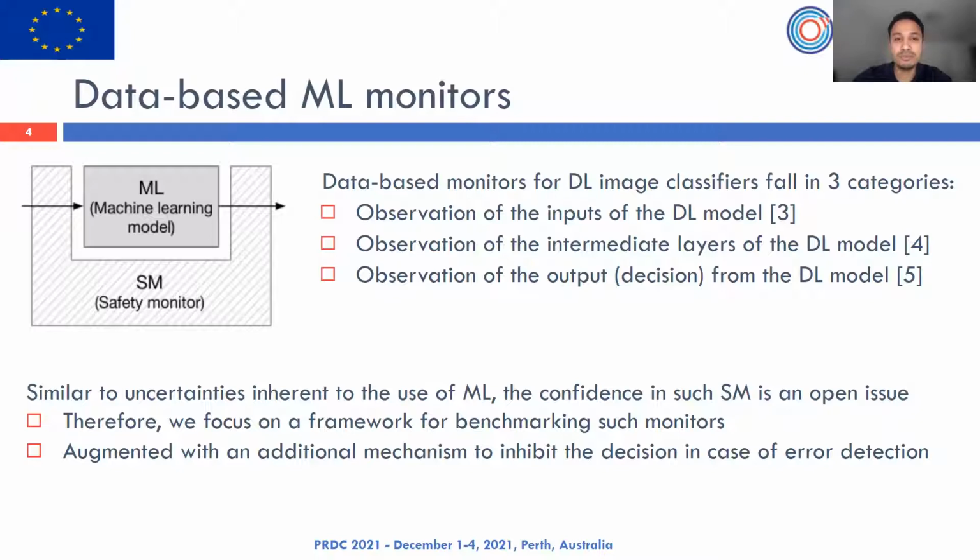But the confidence in such data-based safety monitors is a kind of open issue, because it's quite difficult to understand if these safety monitors don't suffer from the same problems that machine learning suffers from, that is, being biased to the data and not having any model of the system.